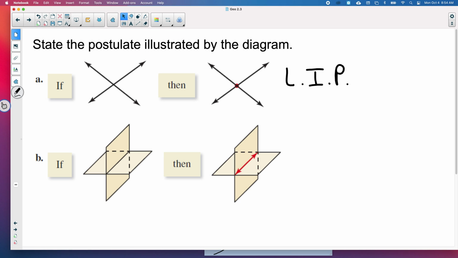Okay, good. And then B, it says if this happens, then this is true. Which one of those is that illustrating? If 2 planes intersect, their intersection is this line. So that's the plane intersection postulate, or PIP.